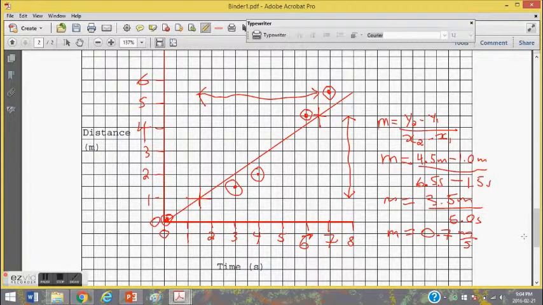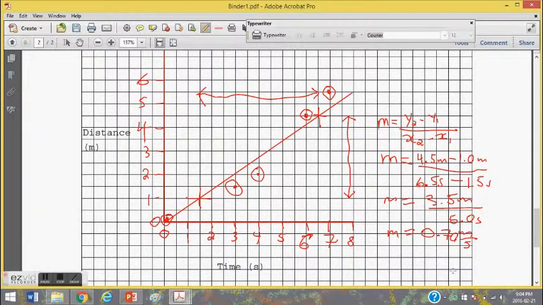And so the average speed of this object graphically would be, I guess actually, 0.70 meters per second. Okay, and that would be what we do with the slope of this.